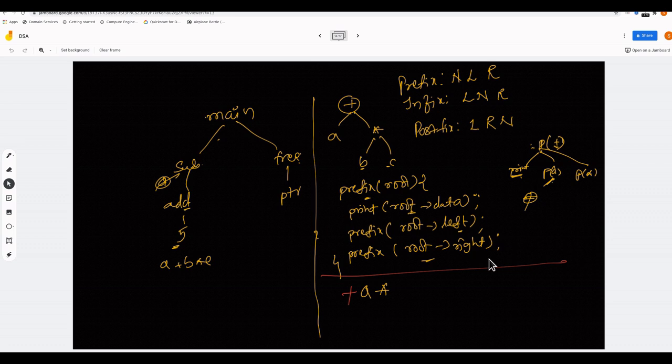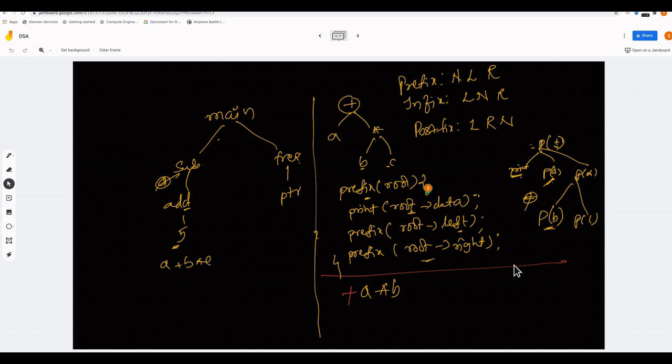Then it calls prefix of left and prefix of right, which is p of b, since left is b, and right is c. So now it needs to complete b, so it gets into this function with b, and now it will print b. Okay, there is a catch here. The root dot left and root dot right are only called if it is not null.